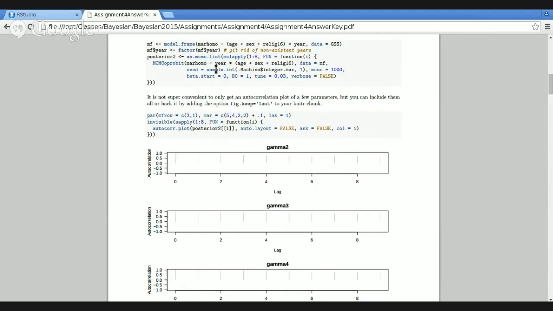If you do it in parallel, or even if you just do multiple chains, remember to pass different seeds so that you get different answers.